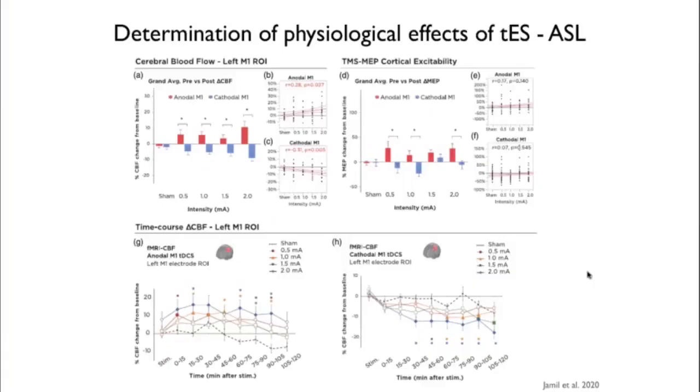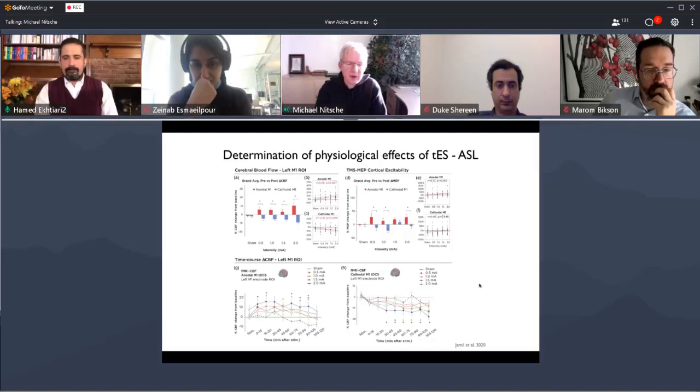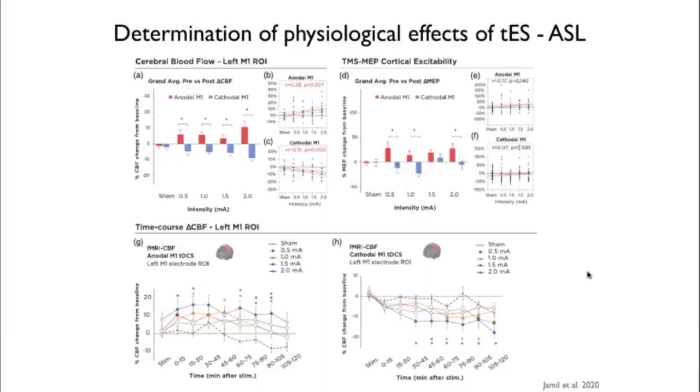What it could show, on the left side, the upper figure, is that we got relatively linear intensity-dependent effects of tDCS on cerebral blood flow. So with higher intensity, anodal tDCS enhanced cerebral blood flow to a larger degree. For cathodal tDCS we got antagonistic results, which were always stronger with stronger stimulation. If you contrast this with TMS MEPs, on the right upper side, you can see that we didn't see this clear linearity.